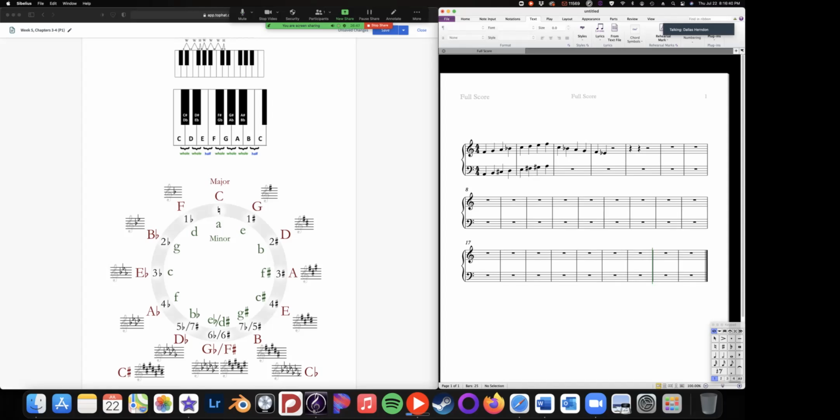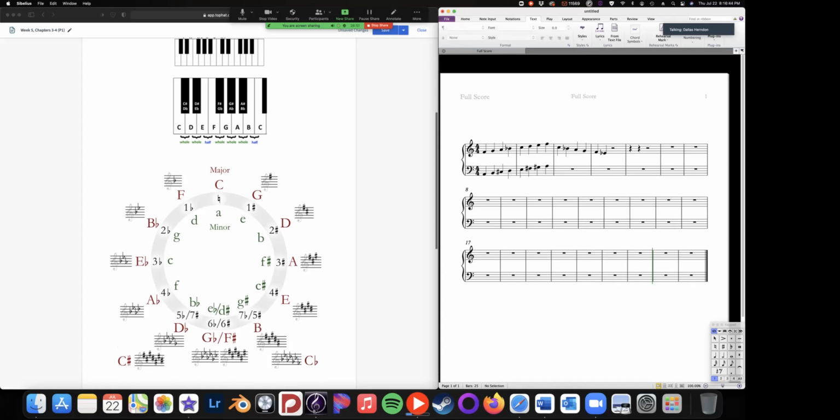Okay. So there we have the circle of fifths. And just keep in mind that this particular version of the circle of fifths showed everything in the treble clef. This essentially would all apply to the bass clef as well. The only difference is basically everything is shifted down two positions because it has to reflect where the notes are in the bass clef.